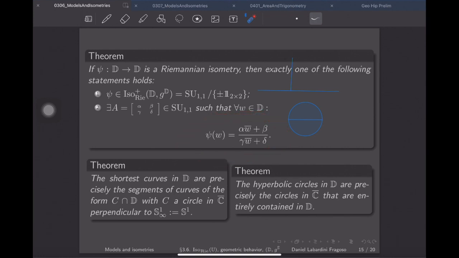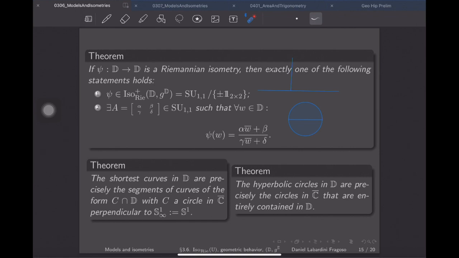And then mapping, transferring our knowledge of shortest curves on the upper half plane and circles in the upper half plane to the Poincaré disk, one obtains that the shortest curves in the Poincaré disk are precisely the segments of circles in C bar that are perpendicular to the complex unit circle, and that is simply because under the Cayley transformation, R bar goes to the complex unit circle, and being a Mobius transformation, the Cayley transformation brings circles in C bar to circles in C bar, and preserves angles because it's conformal.